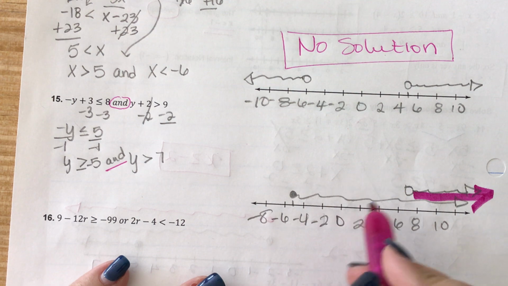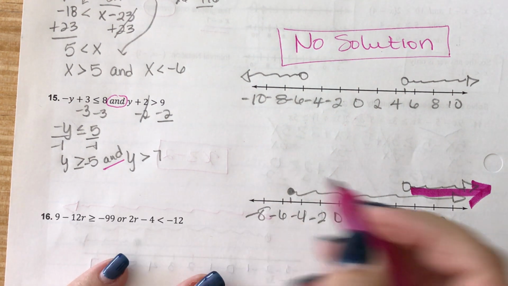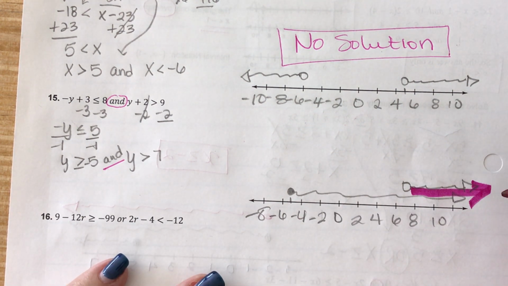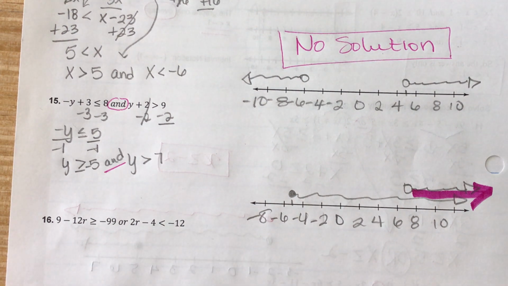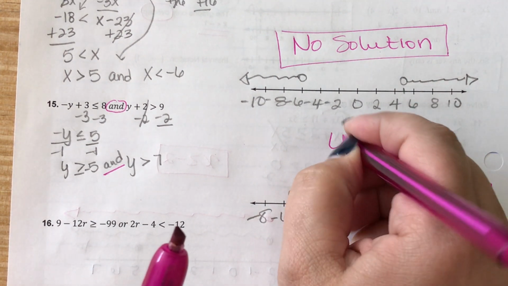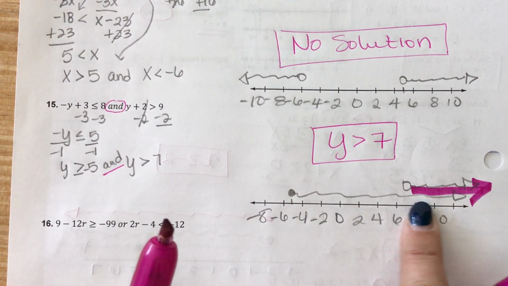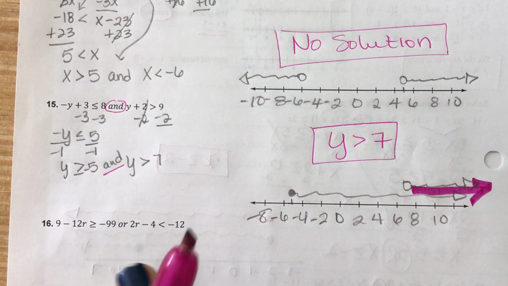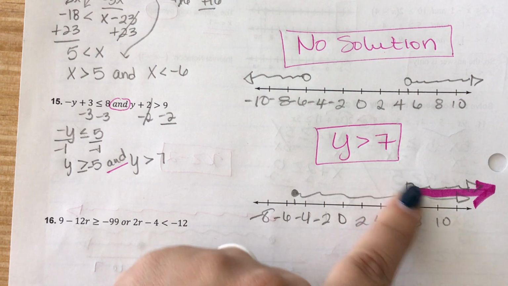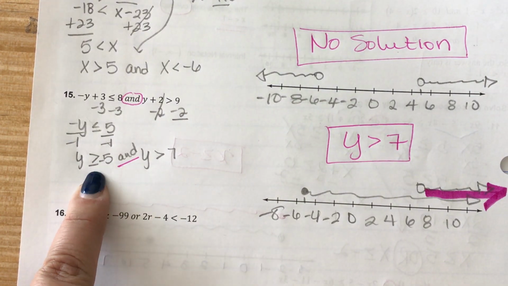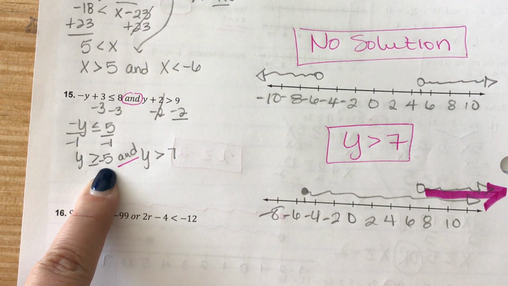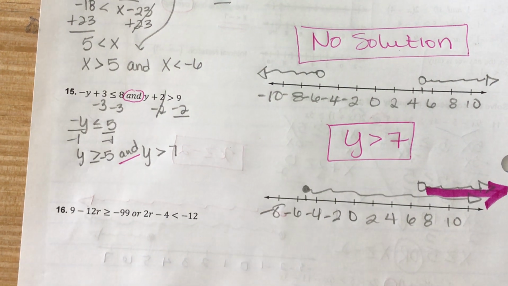Here they're solutions, but only to one. If it's an and statement, I need it to be a solution to both, right? So my final answer here is the region where y's are greater than 7. And it's this part of the graph. So anything greater than 7 is greater than 7, and it's also greater than or equal to -5. It meets both criteria, okay?